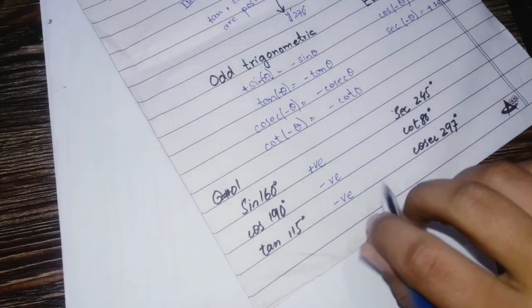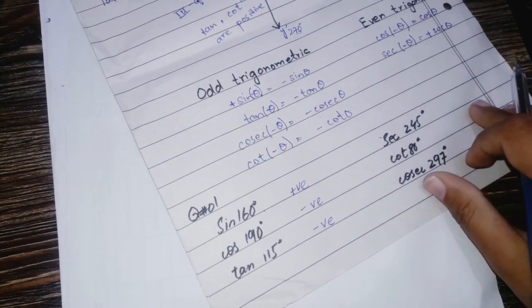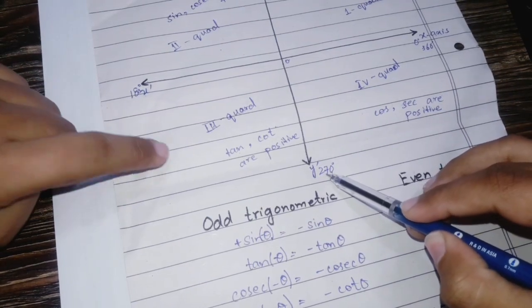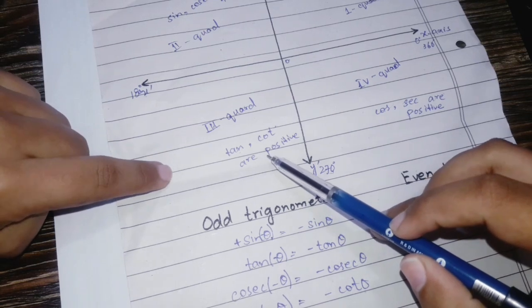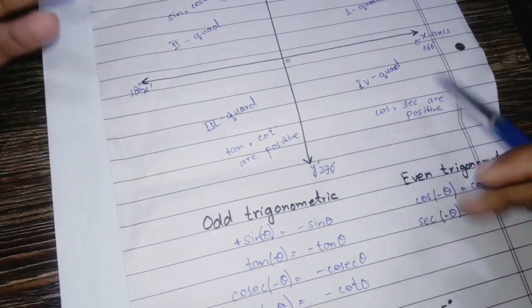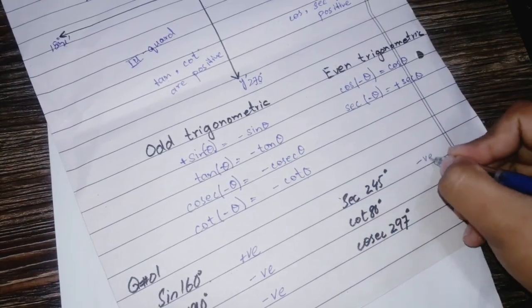Now secant 245. 245 is less than 270, so it is in the third quadrant, and in the third quadrant tan is positive and secant and sine are negative, so secant 245 is negative.